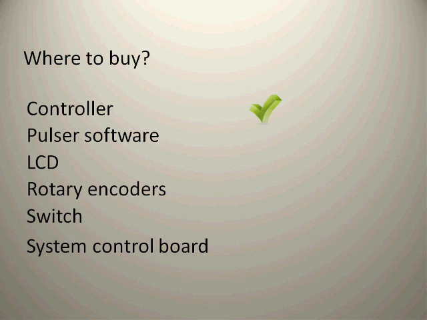Here our list again: controller solved, pulsing software solved. LCD you can get in the internet. You have to search for Devantech LCD03. You have to watch that it's the Devantech variant, because there are other alternative LCD03 at the internet, but they are not supported by the pulse generator.